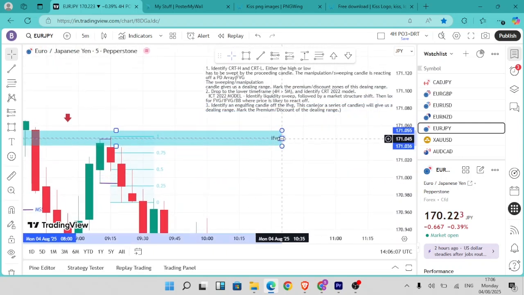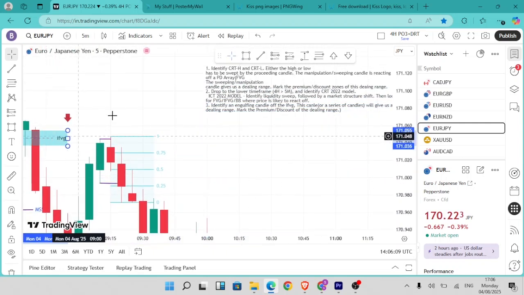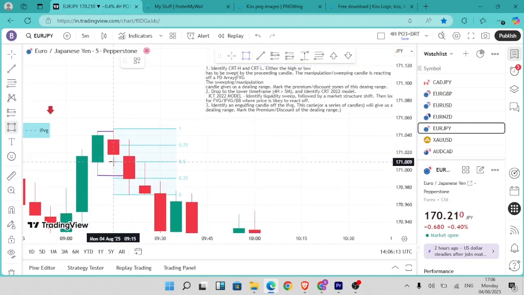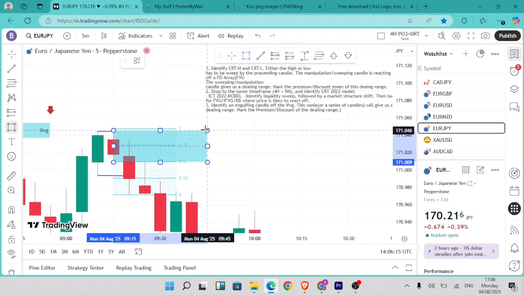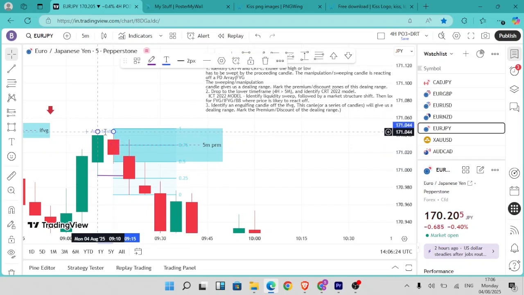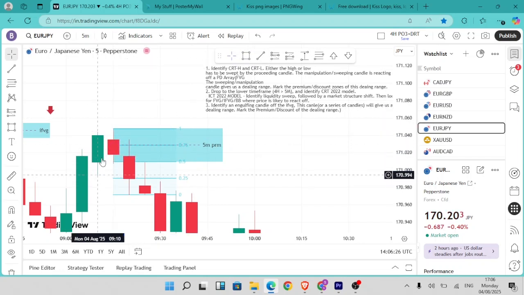And then this inverted fair value gap has done its purpose. Now you want to get this dealing range. So this now is the 5-minute premium of this dealing range. Can delete everything else to make it a bit cleaner.